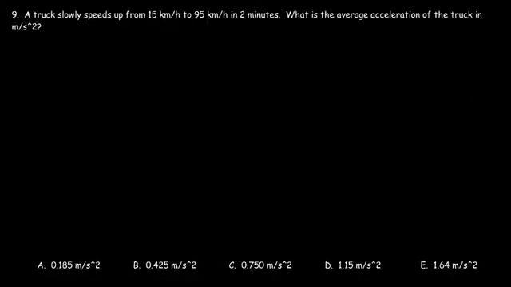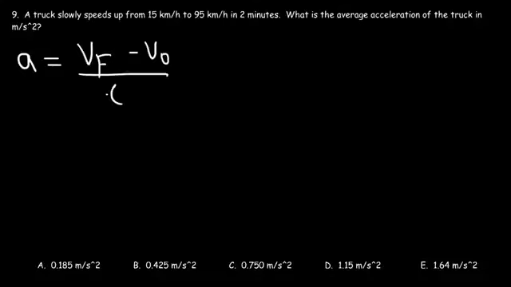Number 9. A truck slowly speeds up from 15 kilometers per hour to 95 kilometers per hour in 2 minutes. What is the average acceleration of the truck in meters per second squared? Acceleration is the change in velocity divided by the time it takes to go from V initial to V final, or the change in time.